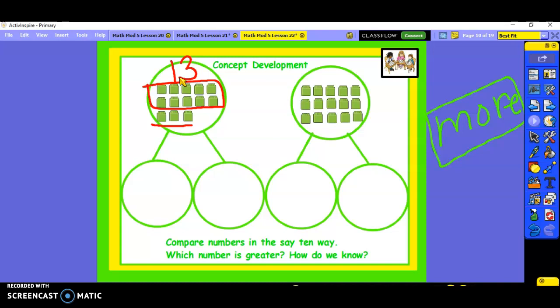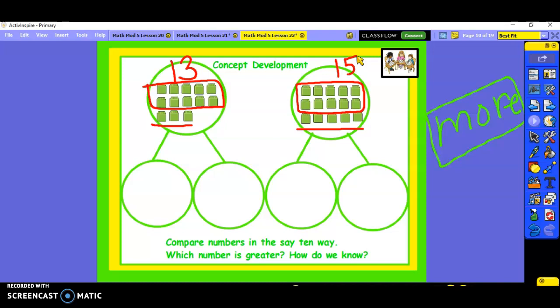Let's look at our second number bond. I see 10, and Miss Narcan sees 5 more ones. I know that 10, 5 is, you got it, 15. So now I need to talk about which number is greater, 13 or 15.